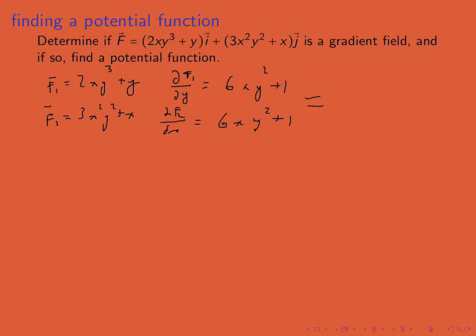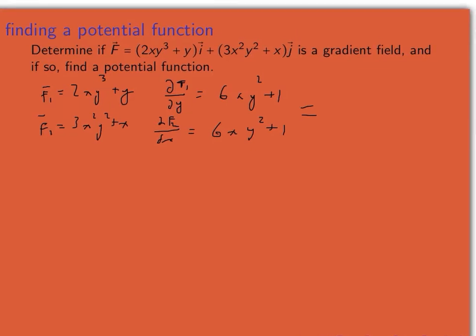And now my job is to try to find a potential function. Okay, so what I'm trying to do is find a little f such that the gradient of little f is equal to the vector field f. So first, notice that the partial of f with respect to x needs to be equal to this i component. So I'm going to set this partial of little f with respect to x equal to 2xy cubed plus y.